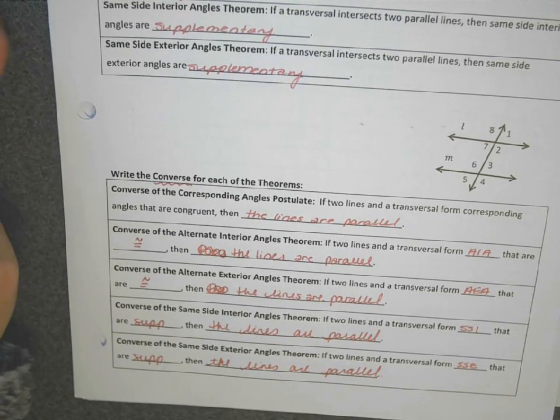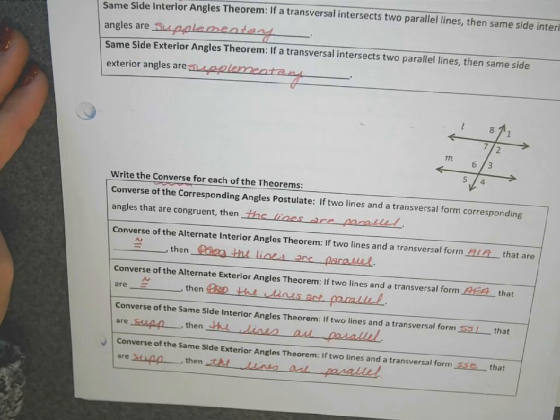So the converse of the alternate interior angles theorem will say if 2 lines and a transversal form alternate interior angles that are congruent, then the lines are parallel. Okay? The converse of the alternate exterior angles theorem says that if 2 lines and a transversal form alternate exterior angles that are congruent, then the lines are parallel.